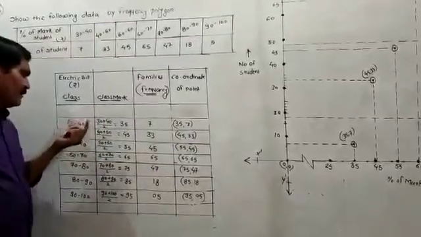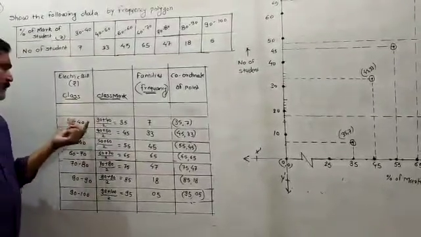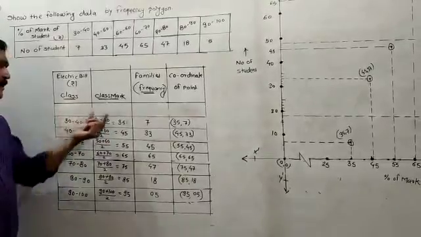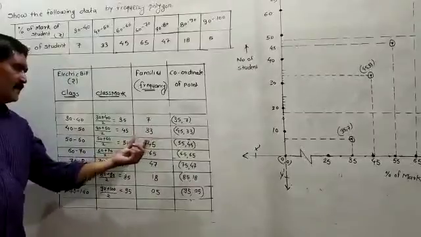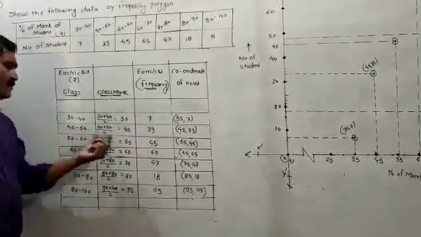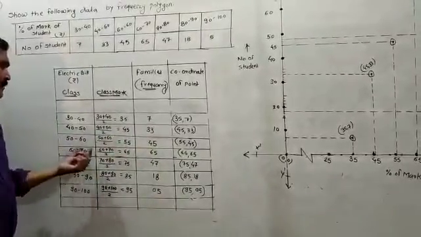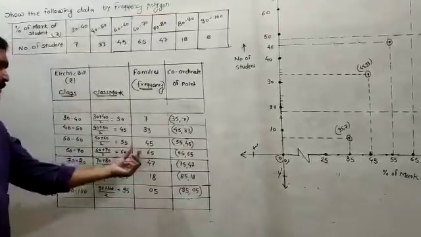The class mark of the 30 to 40 class is 35. The 40 to 50 class has the class mark 45. The 50 to 60 class has the class mark 55. The 60 to 70 class has the class mark 65.